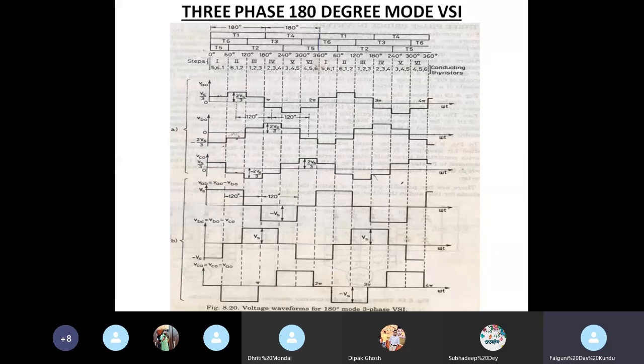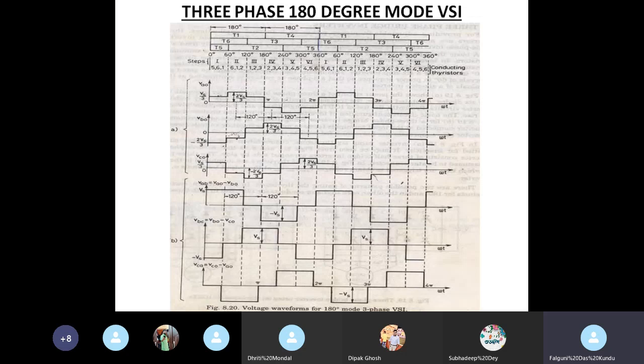If we number 1 to 6 in clockwise direction, the sequence is 5, 6, 1, then 6, 1, 2, then 1, 2, 3, then 2, 3, 4, then 3, 4, 5, then 4, 5, 6, repeatedly. These are the conducting devices, so it is very easy to remember.